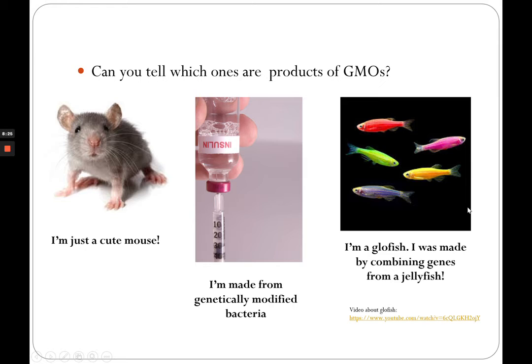And in the case of the fish, these are special types of fish called glowfish. They were basically made by combining the genes of a jellyfish to the genes of a zebrafish. If you want more information about glowfish, I'll try and provide you a link so that you can click on it and listen to how glowfish are made and what they're like. They're actually pretty cool.